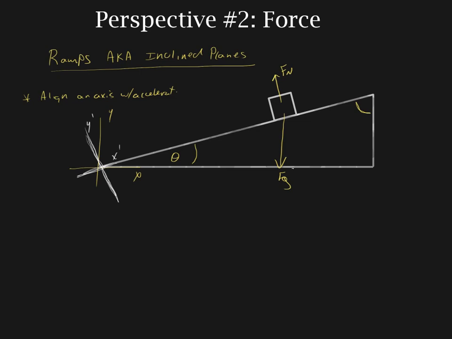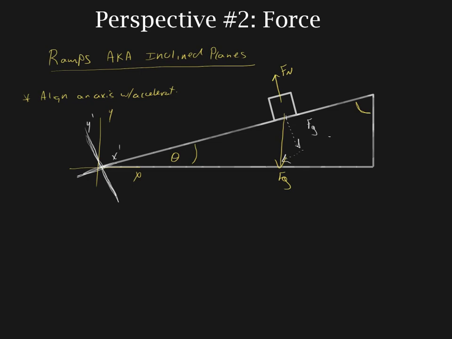Now that we have our ramp in our new xy coordinate system, we can see that the normal force is parallel to the y-axis, but the force of gravity has two components in the new coordinate system. Gravity has a component perpendicular to the ramp and a component parallel to the ramp.